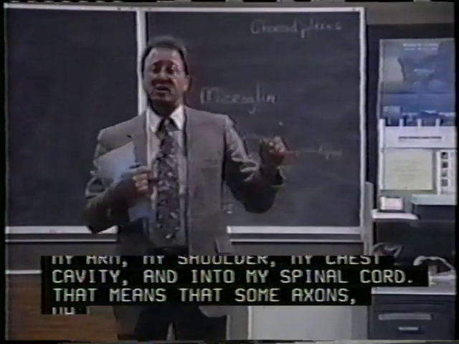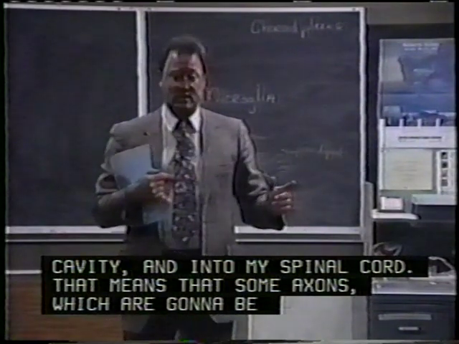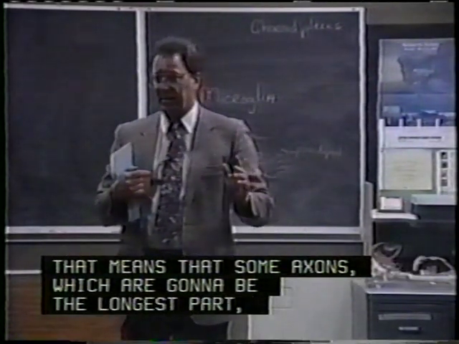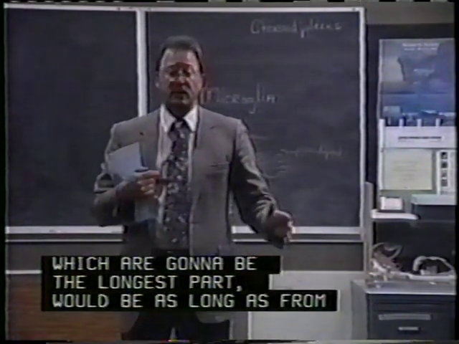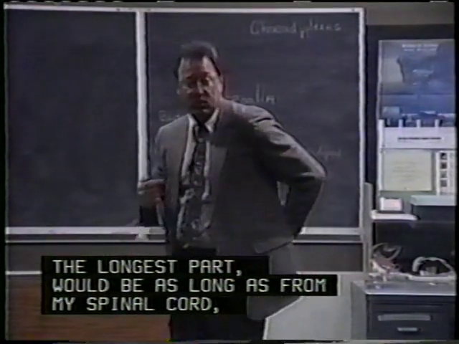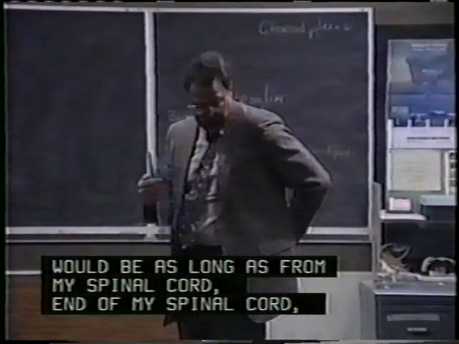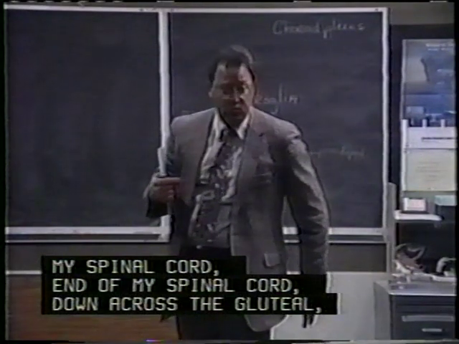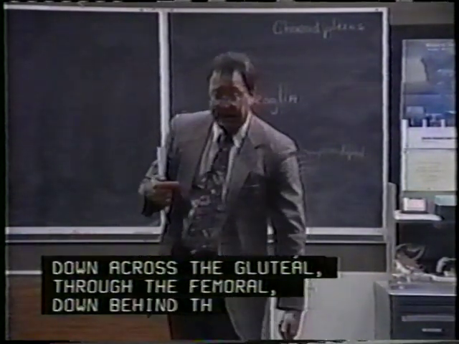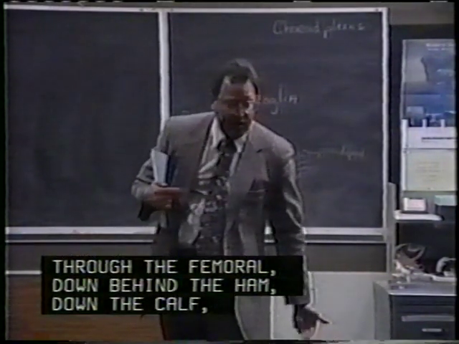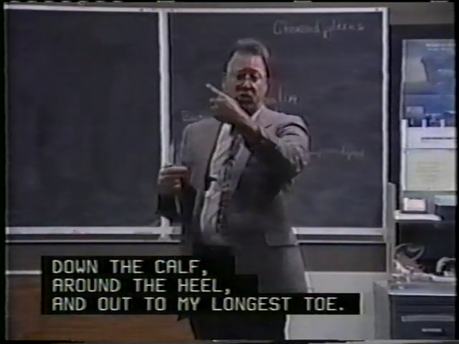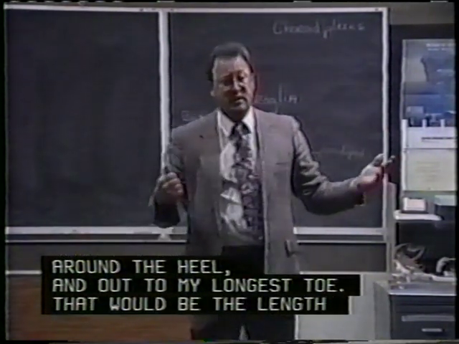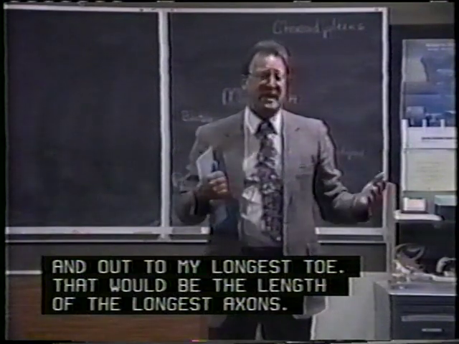That means that some axons, which are going to be the longest part, would be as long as from my spinal cord, down across the gluteal, through the femoral, down behind the ham, down the calf, around the heel, and out to my longest toe.